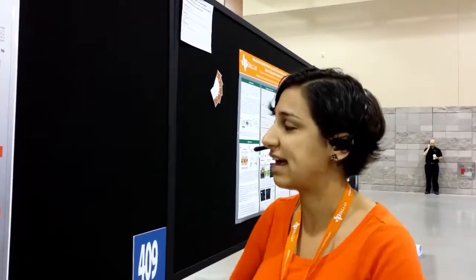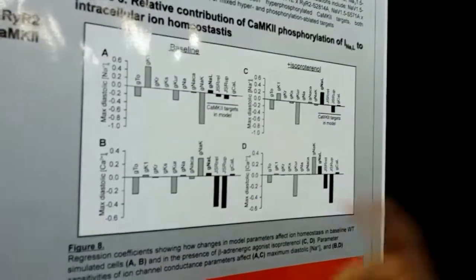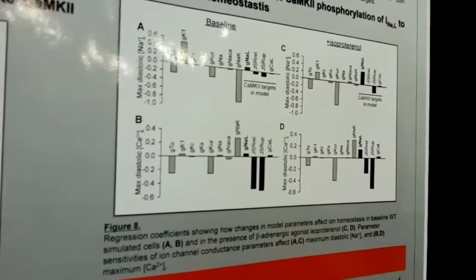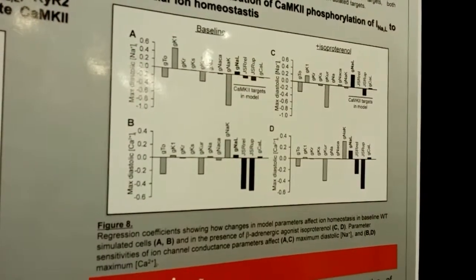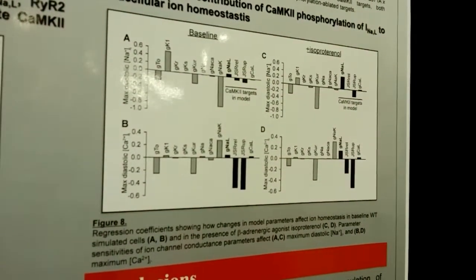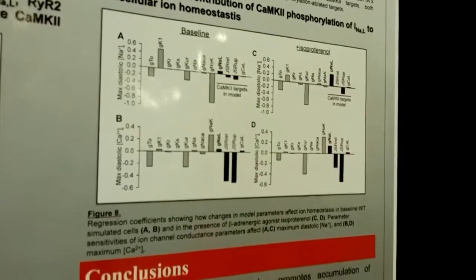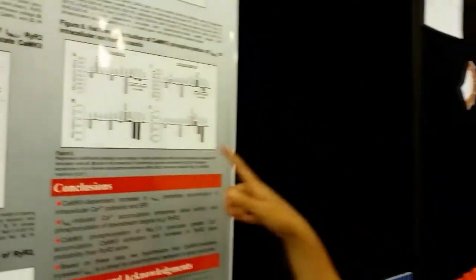And what I've seen here is that when CaMKII phosphorylates late sodium current, that contributes to intracellular ion homeostasis, and that's why we get these positive bars here on the left. In cases where I have increased beta-adrenergic stimulation, so I have applied isoproterenol to my cells, that behavior increases even more than at baseline.